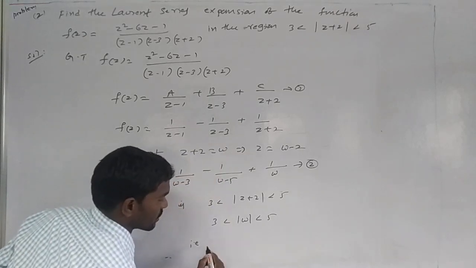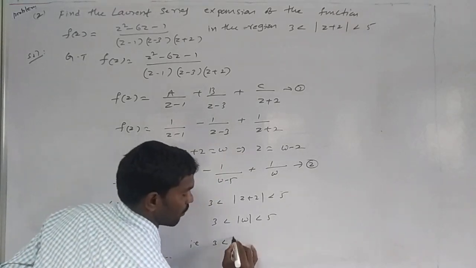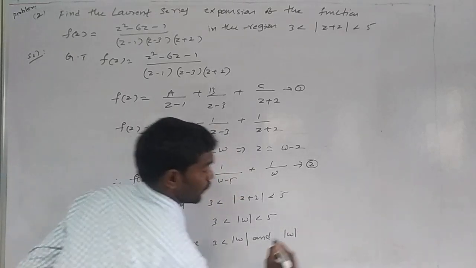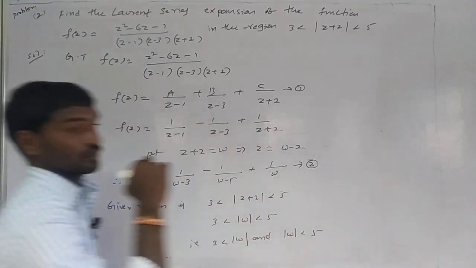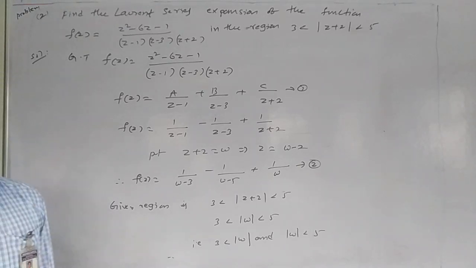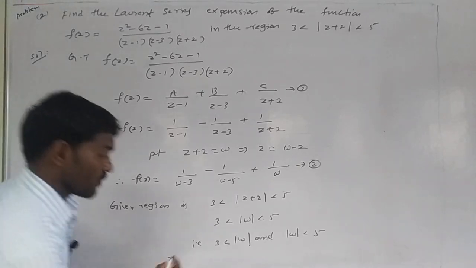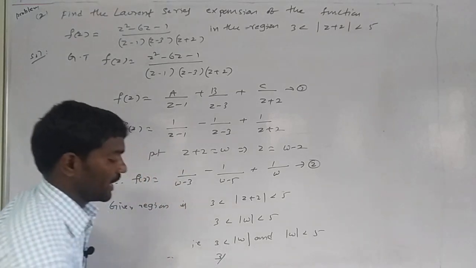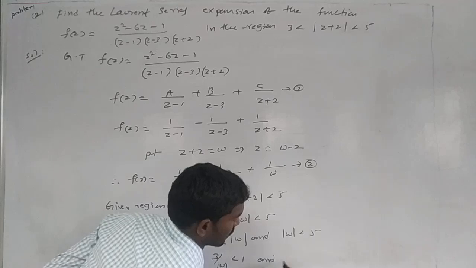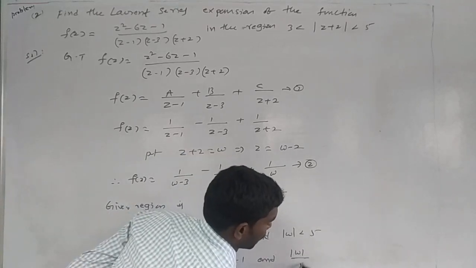That is, 3 less than modulus of w and modulus of w less than 5. According to the Laurent series, the region must be in the less than 1 form. So this can be written as 3 by modulus of w less than 1 and modulus of w divided by 5 less than 1.